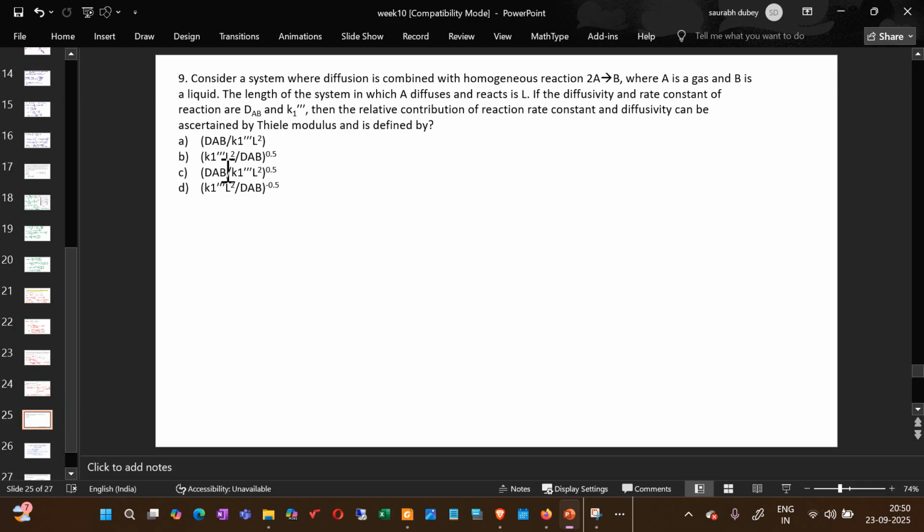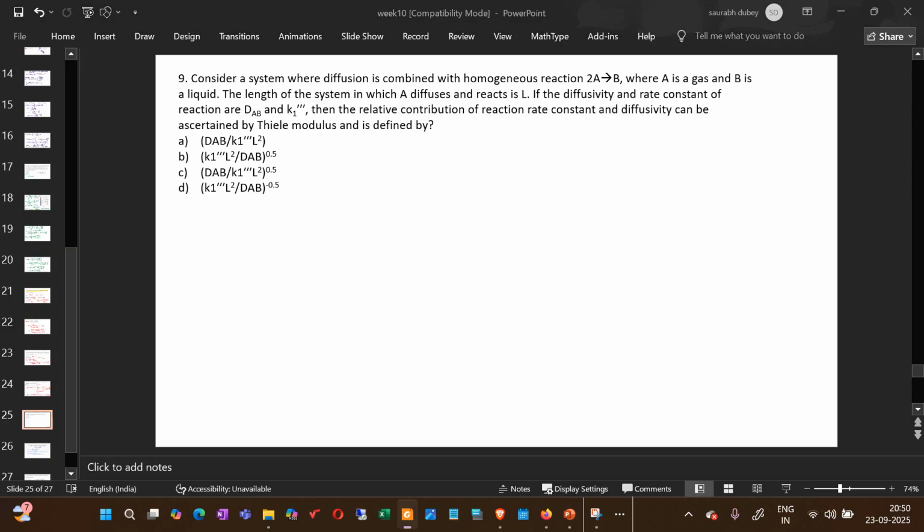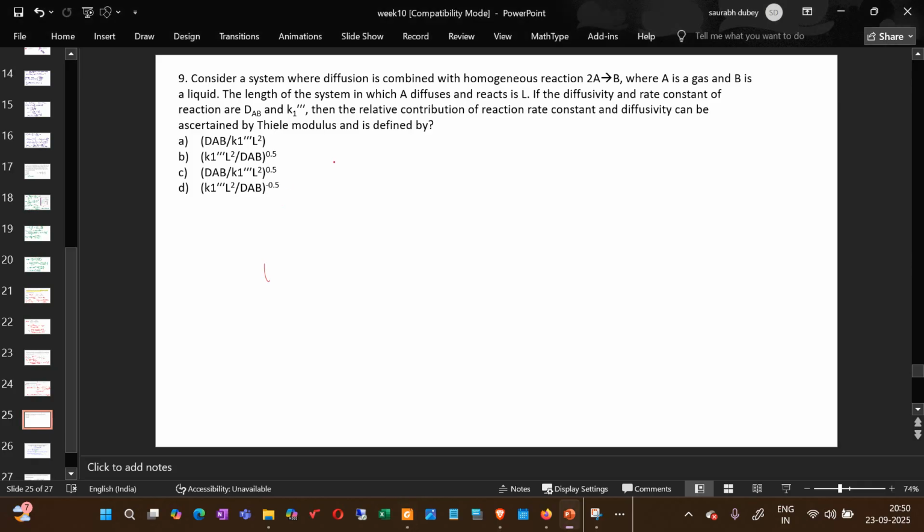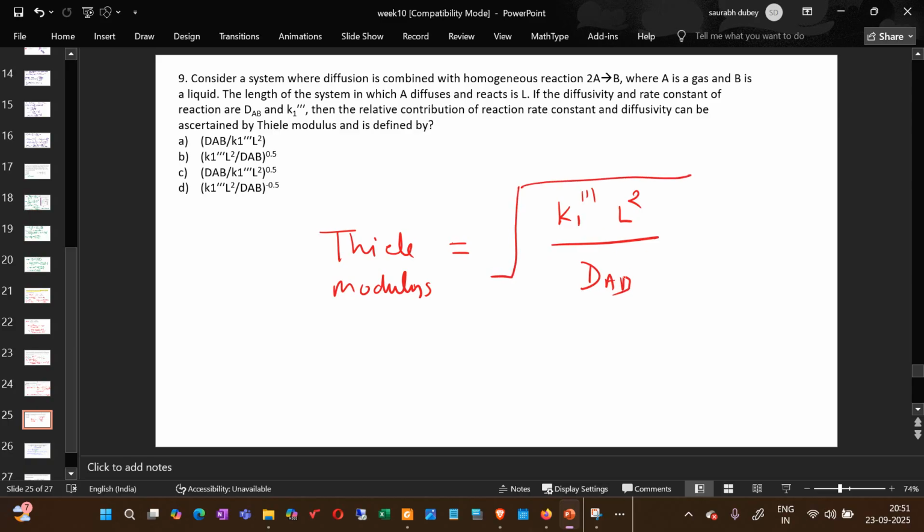And then K1 triple S L square divided by D. So it is B option. Okay, so B is correct.